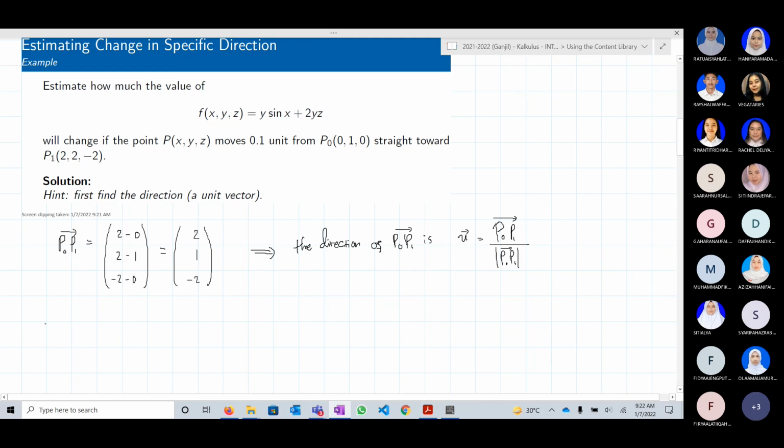And the length of P0P1 is the square root of 2 squared plus 1 squared plus minus 2 squared, which is 3. So it means that the direction is 1 over 3 times the vector P0P1, which is (2, 1, minus 2).